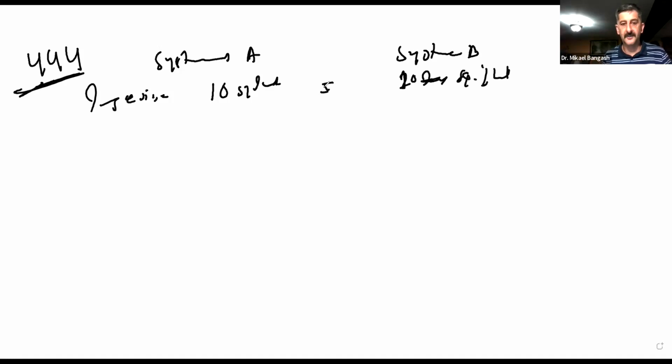So they are of the same size. System A has 1 million pixels, and system B has 250,000 pixels.